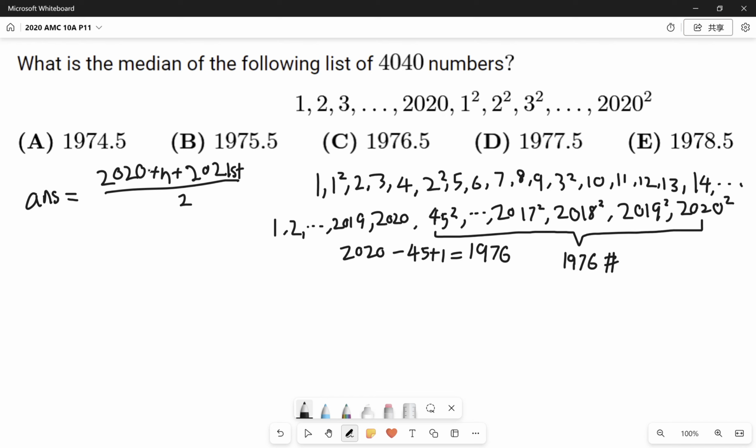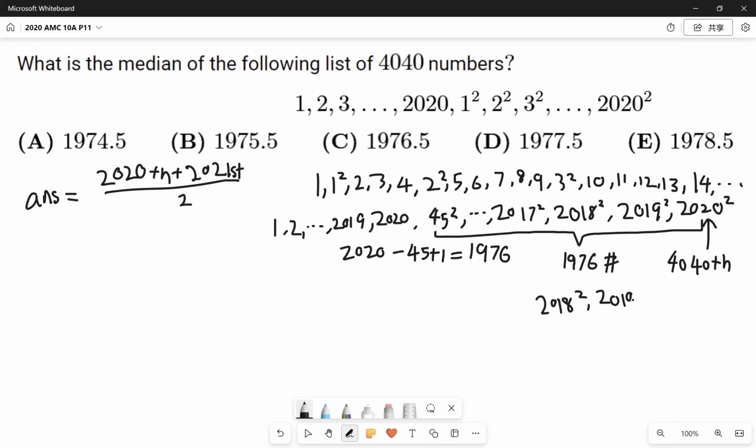We want to know the position of 45 squared in the whole sequence, because we want to find the numbers at positions 2020 and 2021. We know that the position of 2020 squared is the 4040th number, because this is just the last number. By moving backwards, we jump back, and our position will shift as we jump back, right?